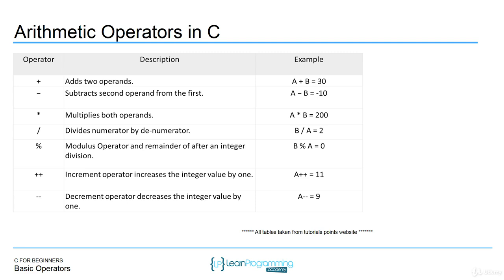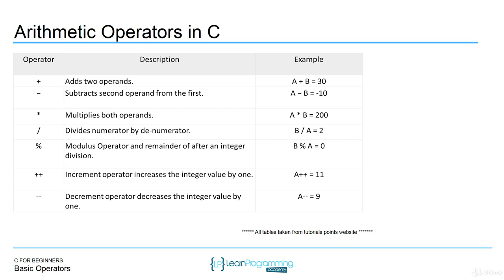These are the mathematical functions. Here's a little table that I found online from the tutorialspoint website, which is nice. It summarizes all of the arithmetic operators supported in C. The basic ones are just like in math, so there's nothing really new here. On the left-hand side of the table is the operator, in the middle is a description of what it does, and on the right is an example.